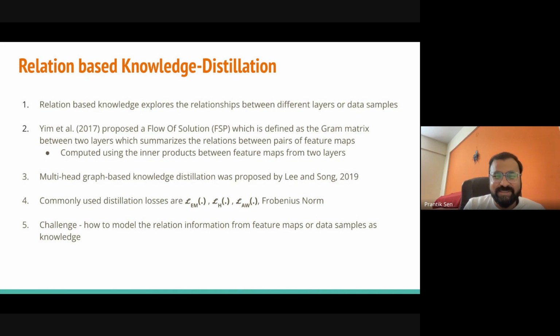Any other question? Okay. So till now we covered response based, feature based, and relation based knowledge distillation. Response was about matching the output logits.